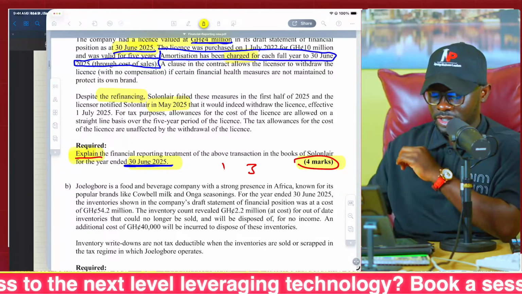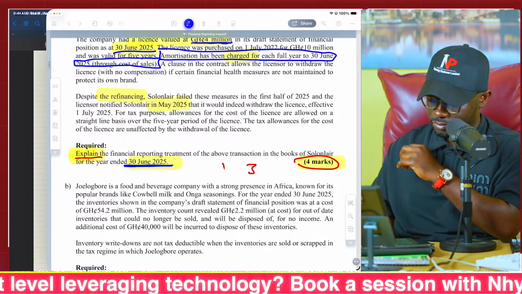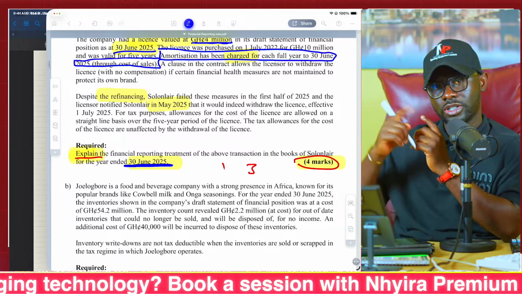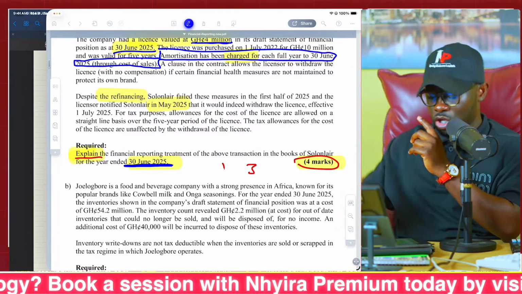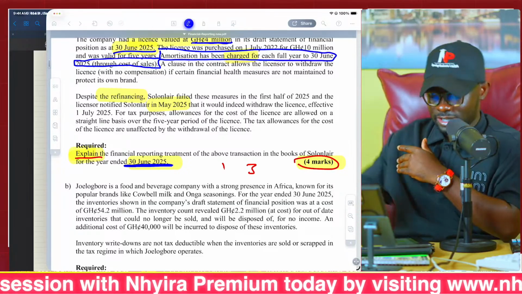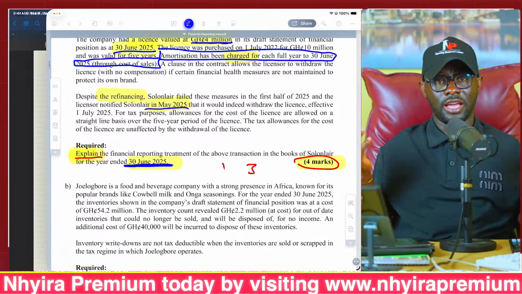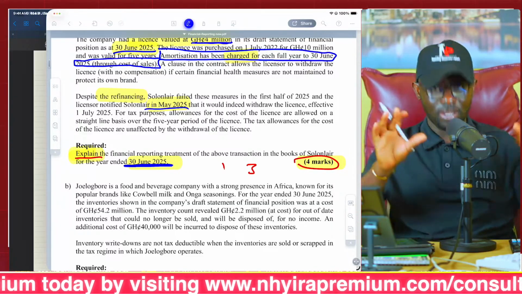Stay with me. The year end is June: January, February, March, April, May, June. So before the year end, they got a notification from the licensor that they would withdraw.